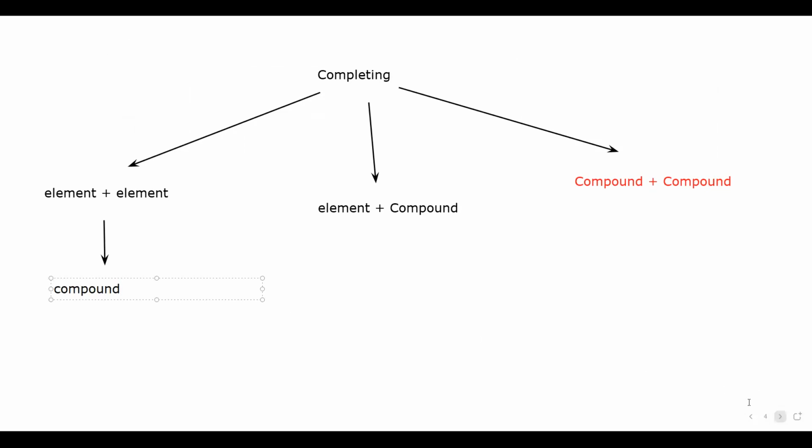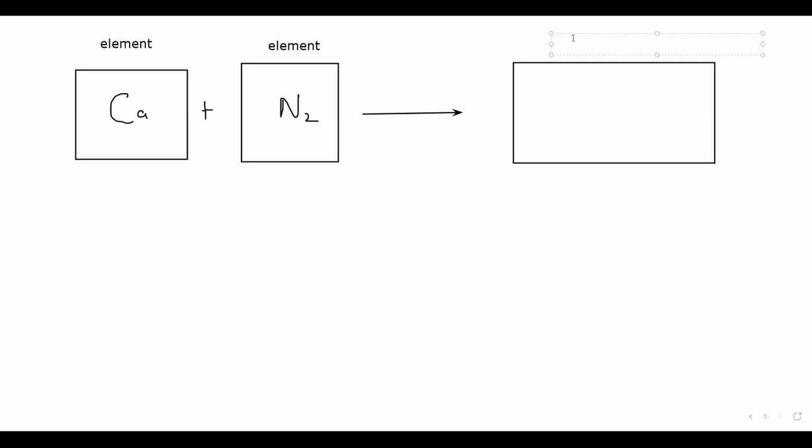So if we have to complete this equation, because two elements are reacting, we have to write a compound here, a formula of a compound, which is a combination of calcium and nitrogen. So how to write a formula of a compound which is a combination of calcium and nitrogen? You have to check the periodic table.